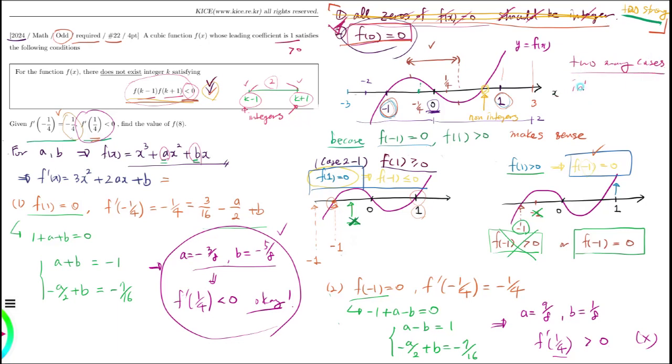You have to interpret the graphs of y equals f of x, and you have to choose each meaning, and by the situation of whether the zero could be integer or non-integer, we confront two cases on each step, and you have to figure out what is the right way to go further.